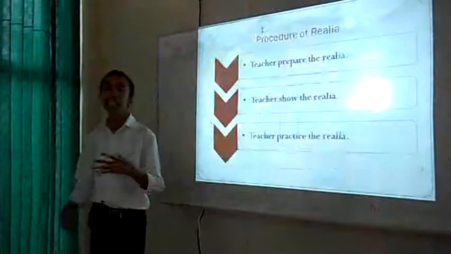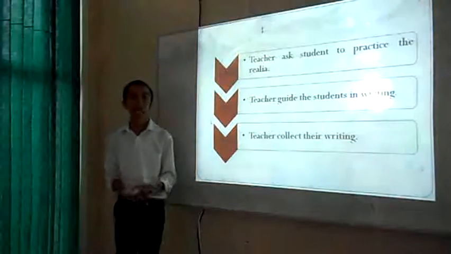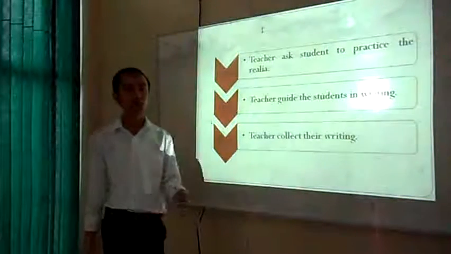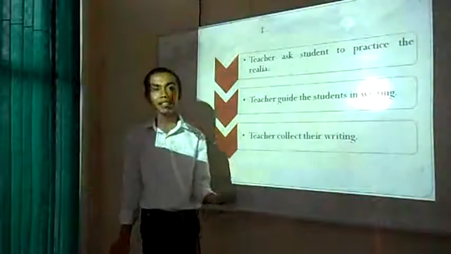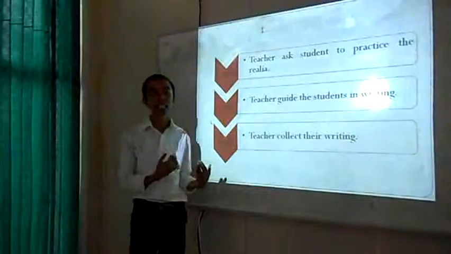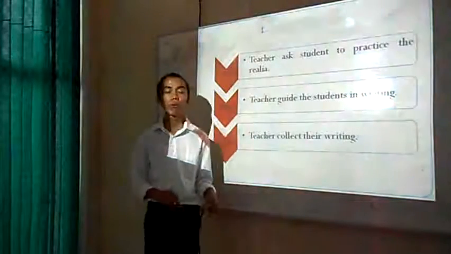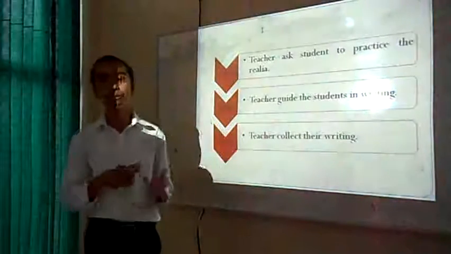And the next, teacher points one of the students to help him or her in practicing how to make a cup of tea, and then the other students can understand it clearly. And then teacher asks students to make a group. One group consists of 4 or 5 students.